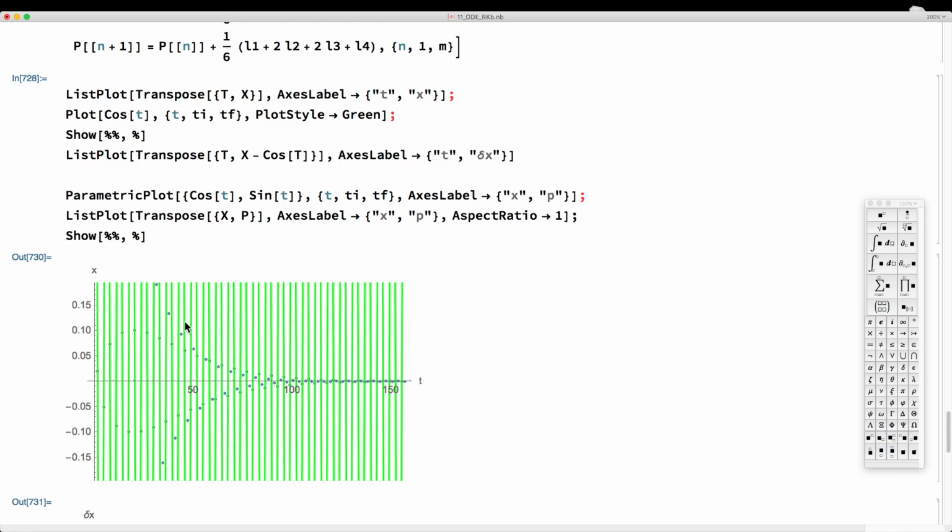So Runge-Kutta methods require a relatively small step size delta T. If you exceed some limit of delta T, the methods become unstable. And we can study the stability of Runge-Kutta methods in another video.